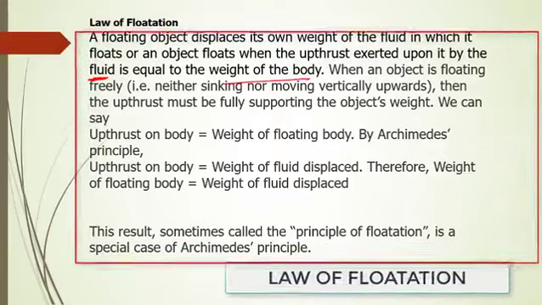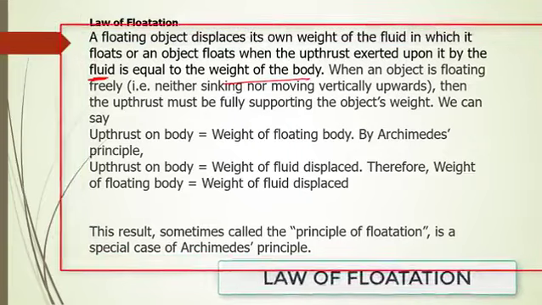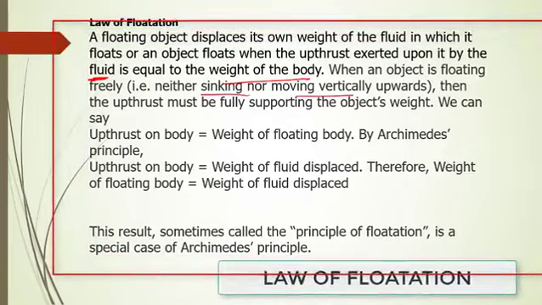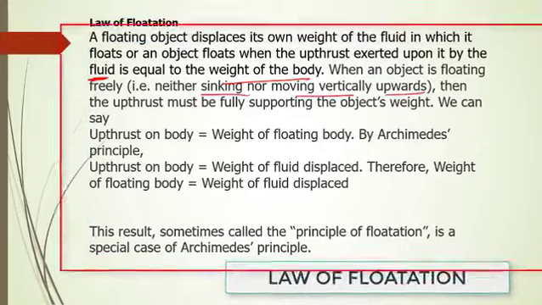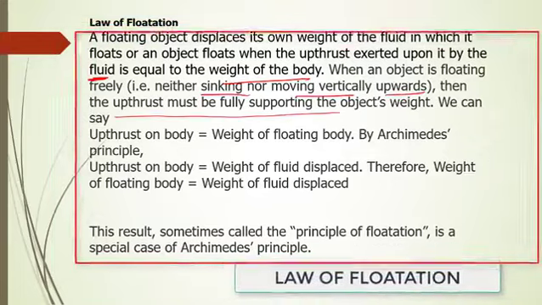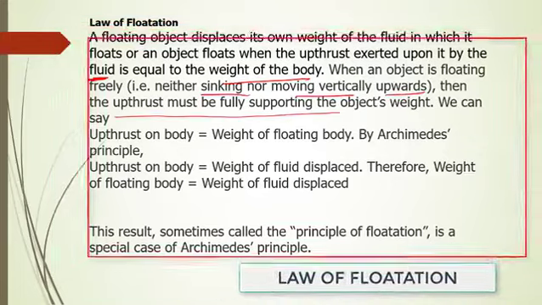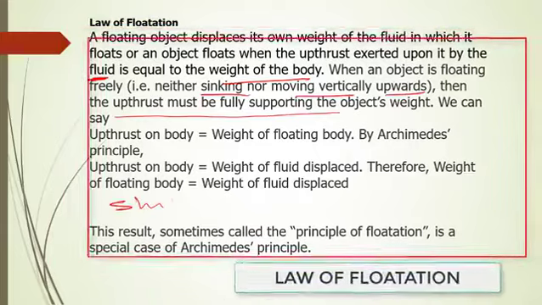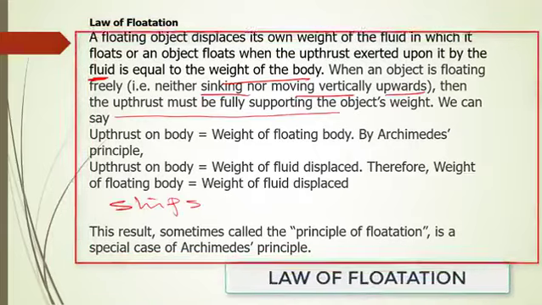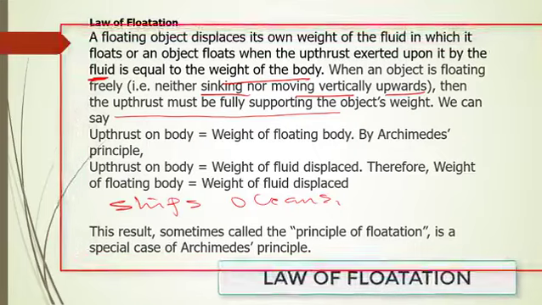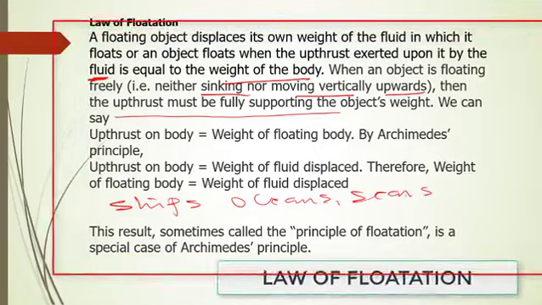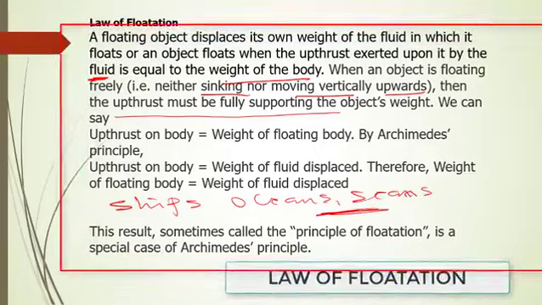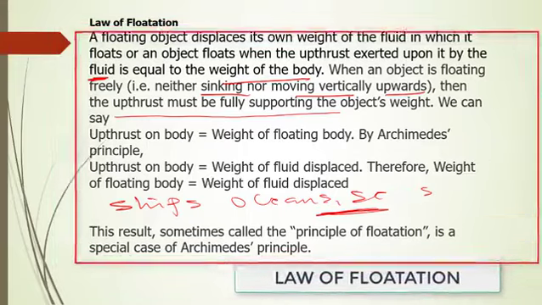So we're talking about when an object is floating freely, that is, it is not sinking nor is it moving vertically upwards, then it simply means that the upthrust must be fully supporting the object's weight. It is this principle that ships use today to move on seas and so on and so forth. It helps bodies to float.